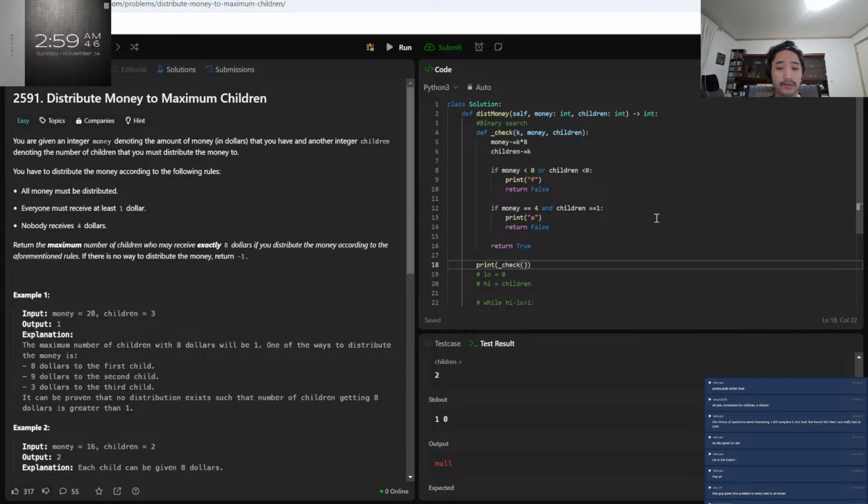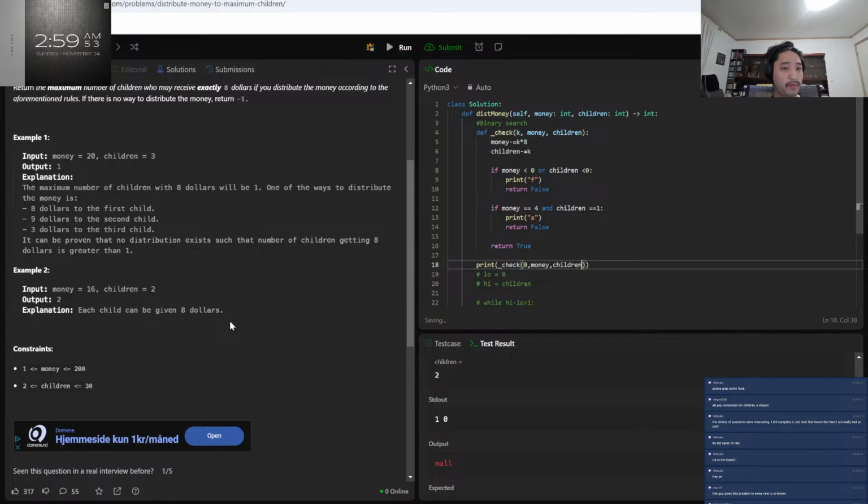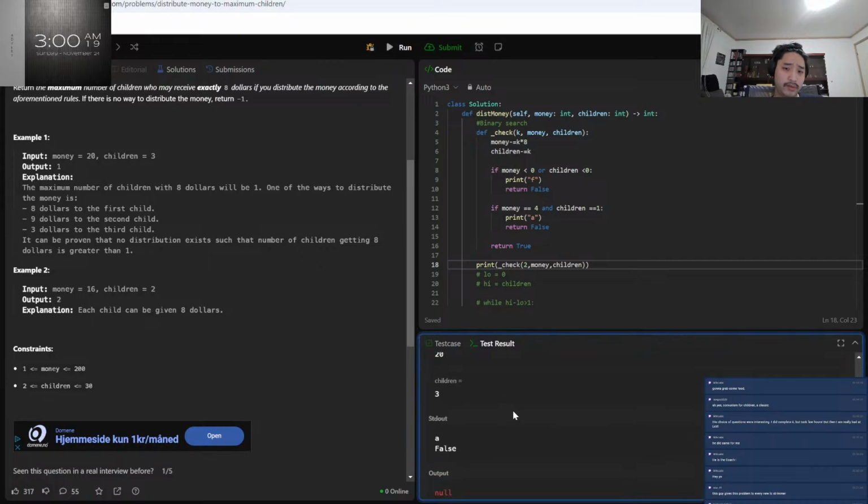And okay, let's say first for 0, it should be completely fine. Which is true, which is correct. 1 should be true, and 2 should be true.